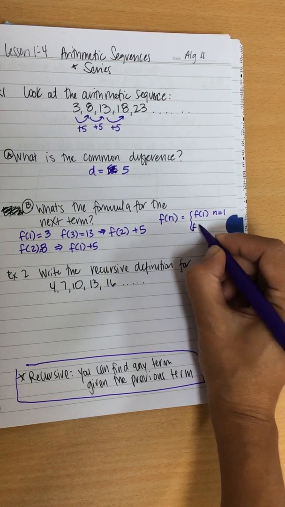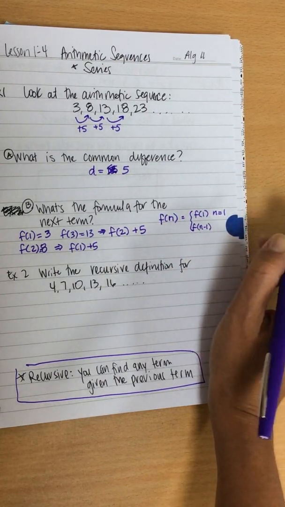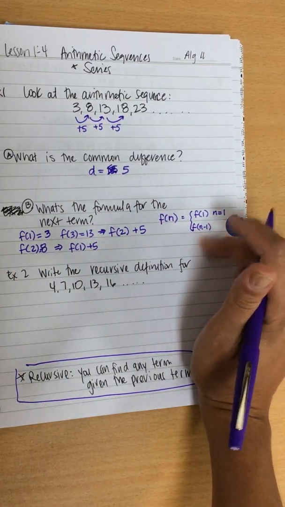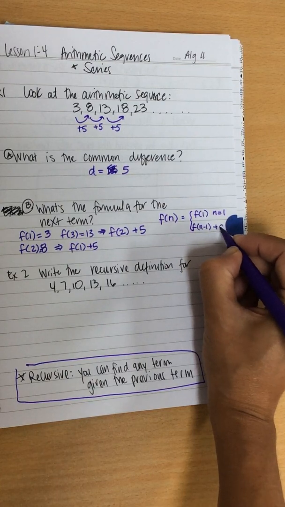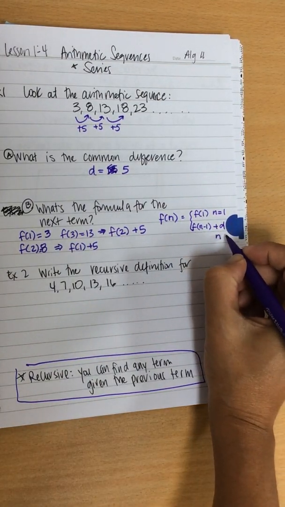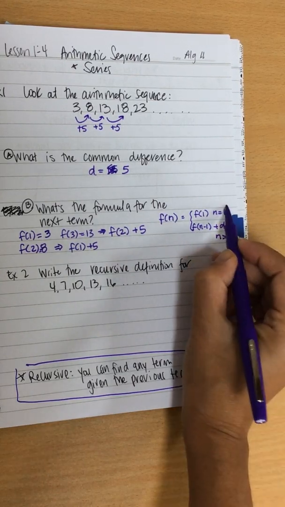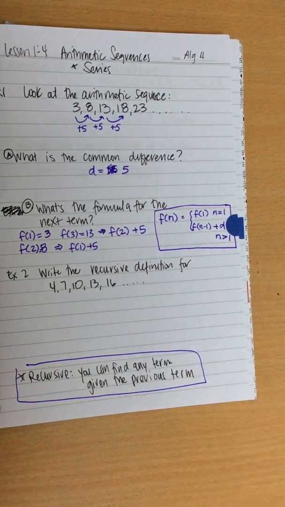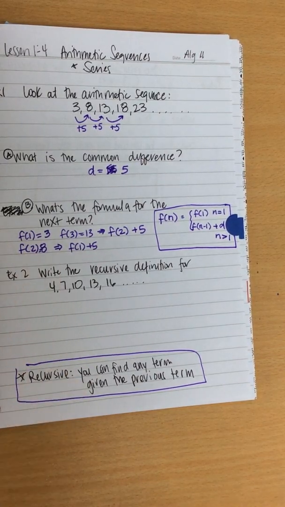And then for every other term, you can just take the number you're at minus 1, right? So if I was at the fifth term, I would take n minus 1 or the fourth term, and then add the common difference. And this is only true when n is greater than 1. So this is the recursive formula for finding the next term.